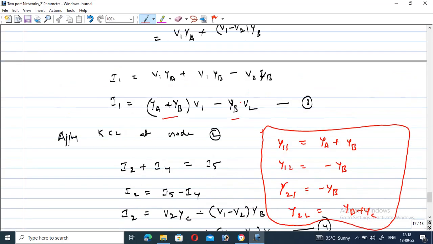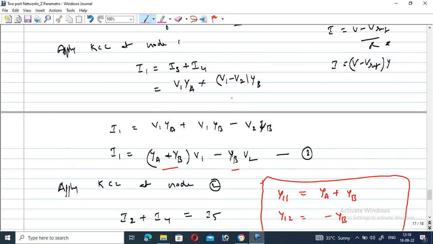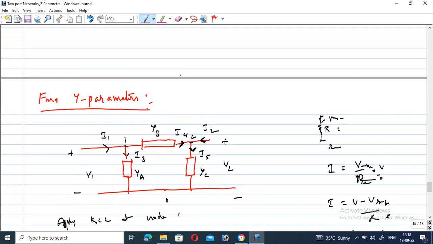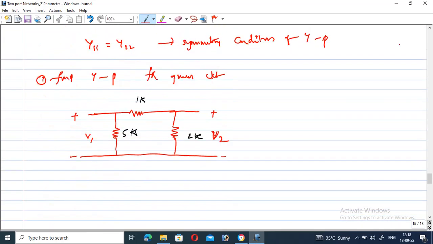These Y parameters are similar for this network. If you want to calculate them, we can directly write them without solving all this.